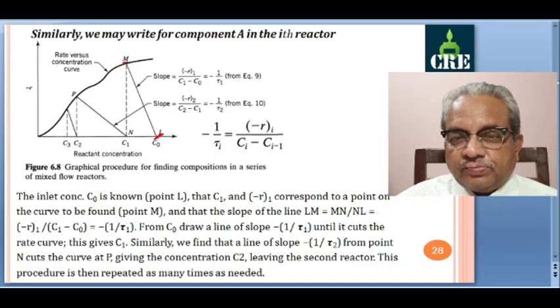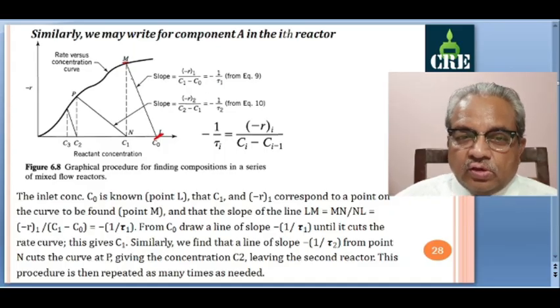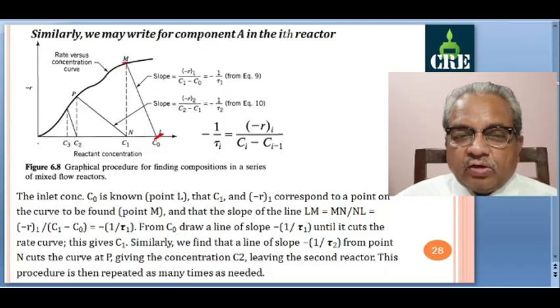You know this tau 1. If you know this, you can construct a line with this slope, and once you have this point here, from here you can come down and get point C1. Next slope is minus 1 upon tau 2. This you draw, come down, you get C2. Next slope minus 1 upon tau 3, and you can continue. And the final concentration from the final reactor you can find out.